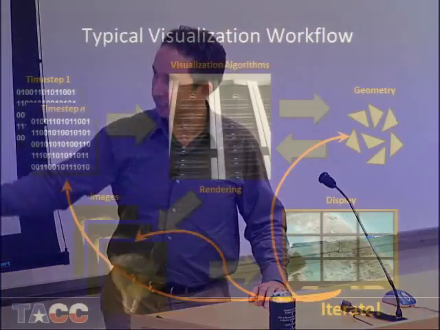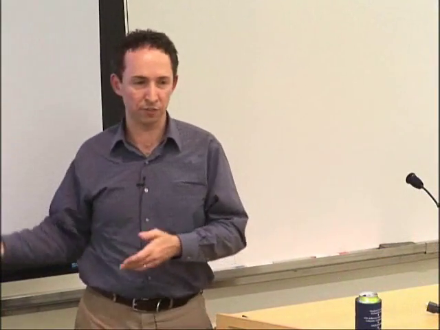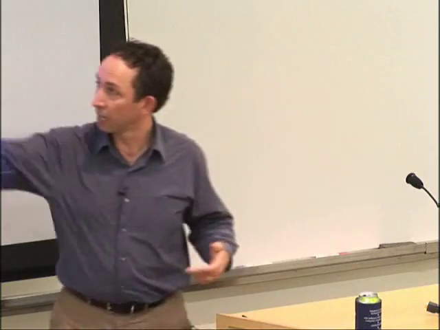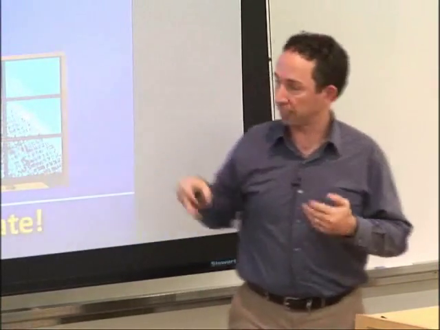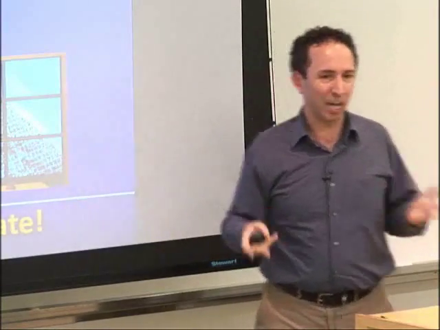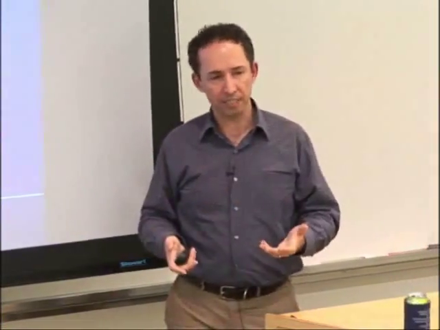And typically, this process is iterative. So say you're trying to do a visualization and you don't like the technique you used. Maybe you did isosurfacing, you want to do volume rendering instead. So you change the way you're generating the geometry. Maybe you didn't like the color palette you used, so you have to create a different image. Maybe you have point data and you need to resample it into a grid so that you can use more visualization algorithms on it.